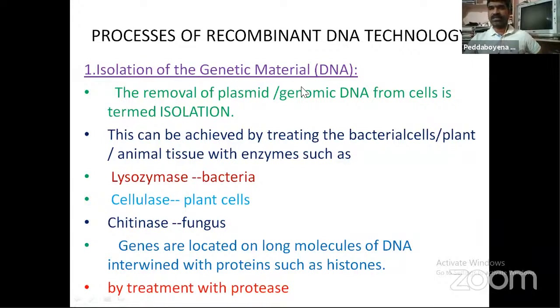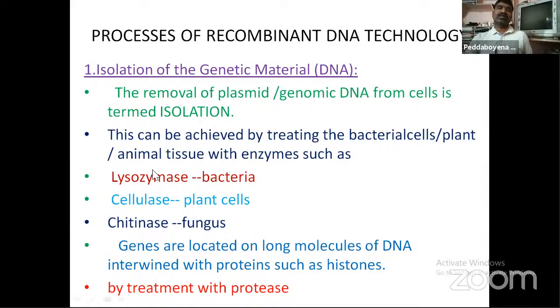And next, you are observing these enzymes. First, isolation of the genetic material DNA means removing the plasmid or genomic DNA from the cell. How is it possible to remove the plasmid? First it is covered by a membrane. After cutting or digesting the outermost layer, the plasmid or genomic DNA can be exposed.